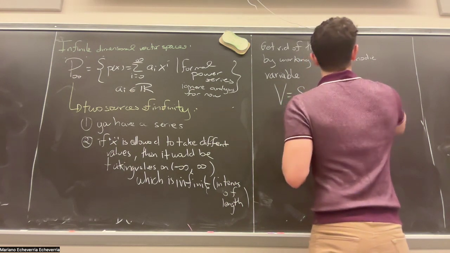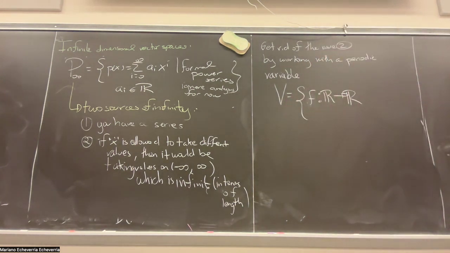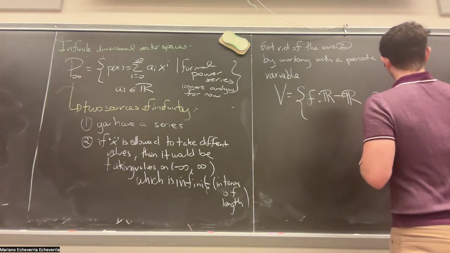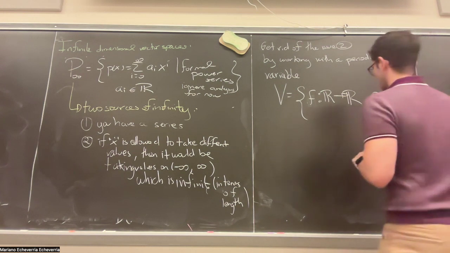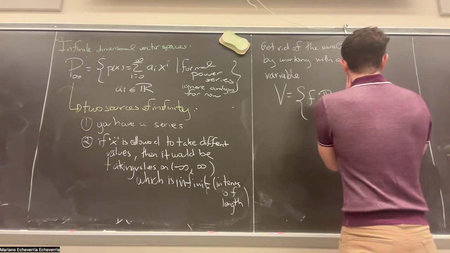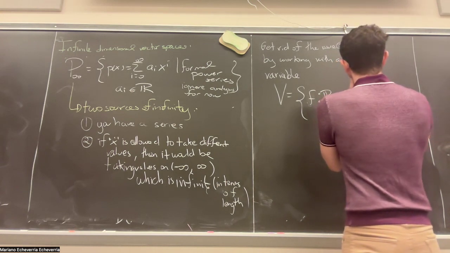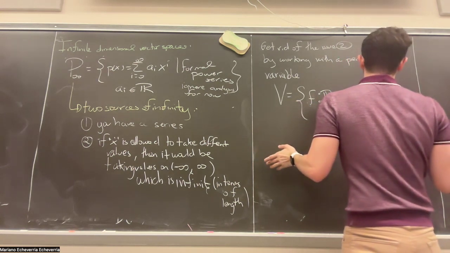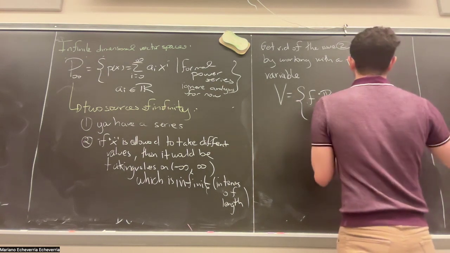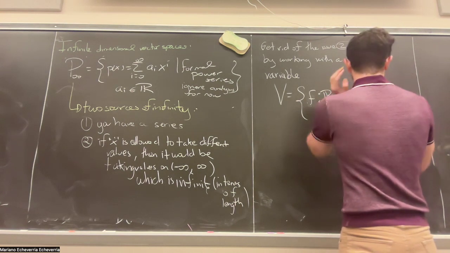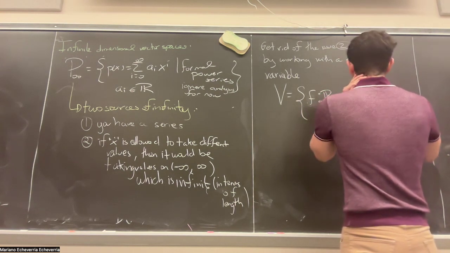I'm going to look at real valued functions, but they're going to have period 2 pi. Usually when you have a function of period 2 pi, you can think of it as being defined on an interval; I'll think about it as being defined on the interval minus pi to pi.